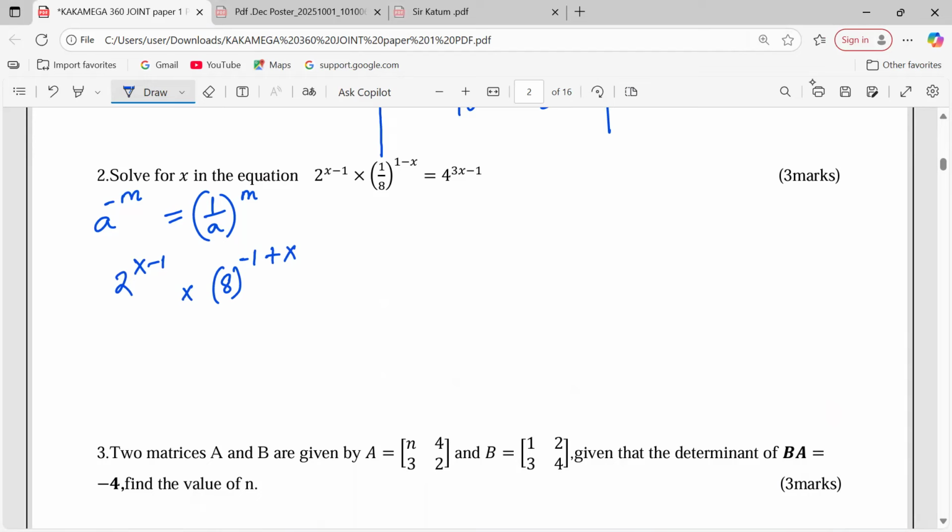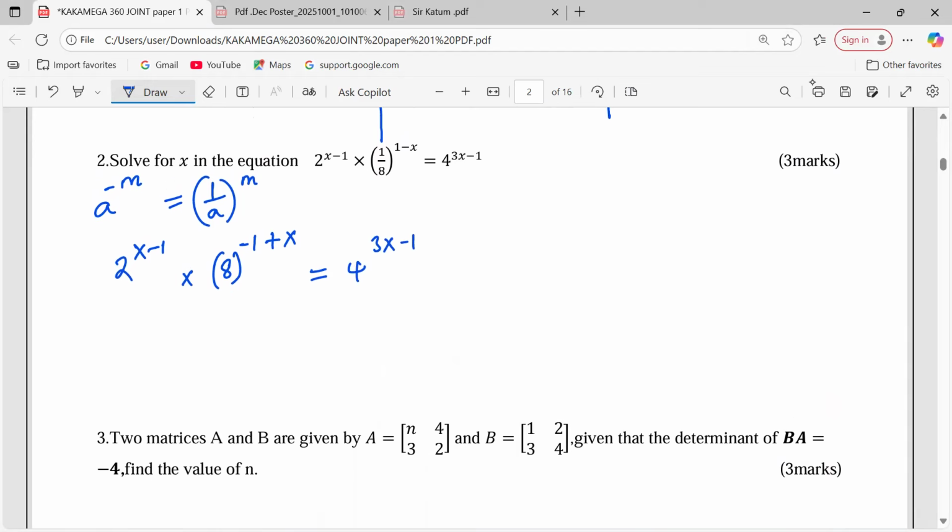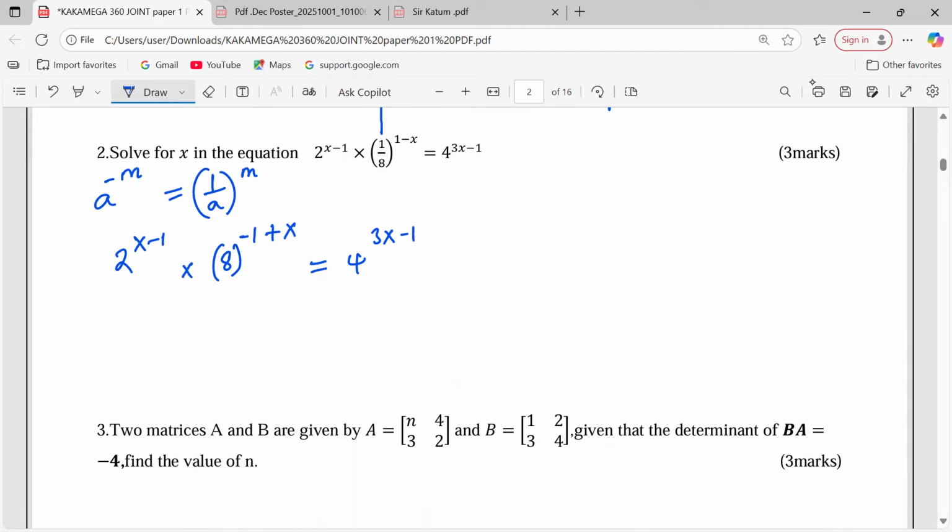Yeah, the negative power, which was 1 minus x multiplied by negative, becomes negative 1 plus x, equals 4, 3x minus 1. At this point now, we can make 8 to base 2, which is 2 power 3. So 2 power x minus 1 multiplied by 2 power 3.